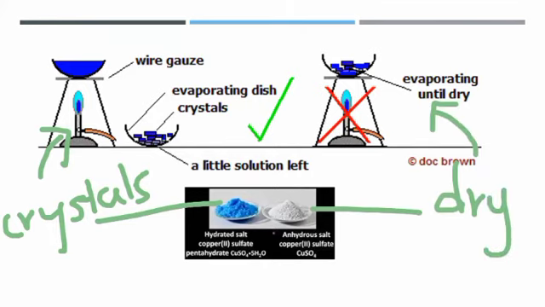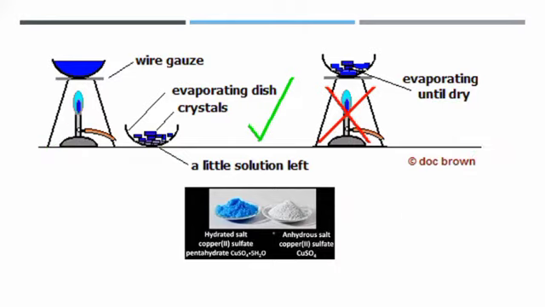What's the difference between copper sulfate crystals and a dried copper sulfate sample? What's the difference between copper sulfate that has been evaporated till crystallization and copper sulfate that has been evaporated till dryness? There is a difference. In evaporation till crystallization, you have crystals formed and they have water in them. The formula tells us that this contains water of crystallization.